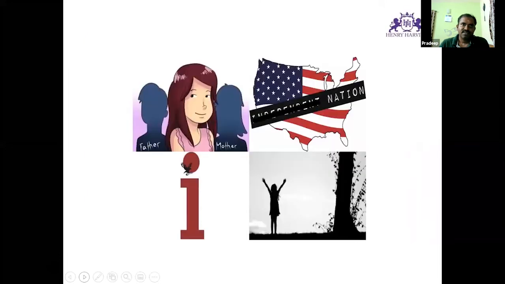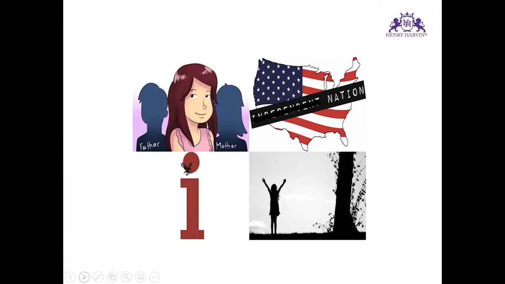Now next, what is this? Can you guess the word from these pictures? One girl, nation. Put some plain guesses. Isolation. Imagination. Good.